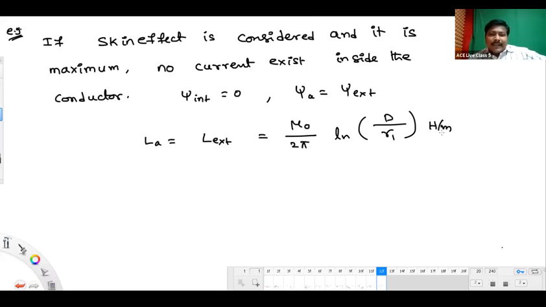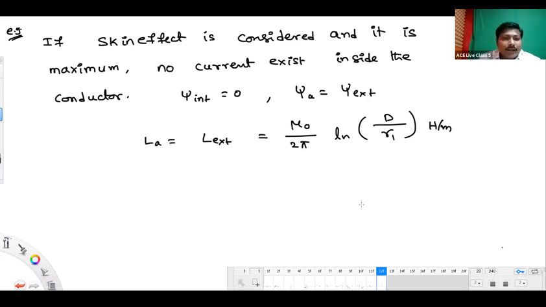When the value of inductance is more, is it with skin effect or without skin effect? Without skin effect, inductance value was more because of the internal addition. After considering the skin effect, inductance value may be a bit less because I don't have any internal term in the calculations.